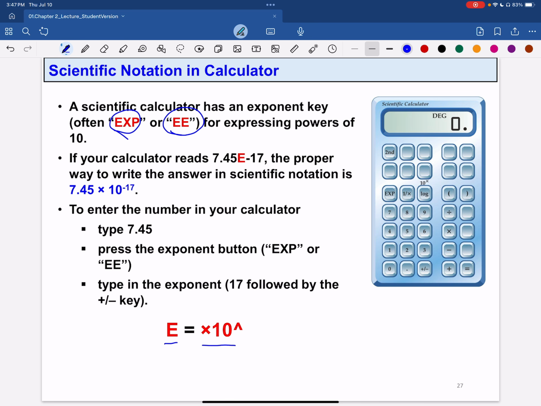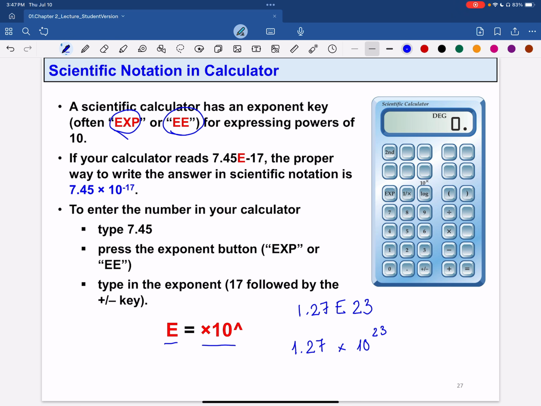You're going to see this if you use Excel a lot to calculate. If you put a calculation in Excel with very large numbers, Excel will say something like 1.27E23. This means 1.27 times 10 raised to the power of 23.